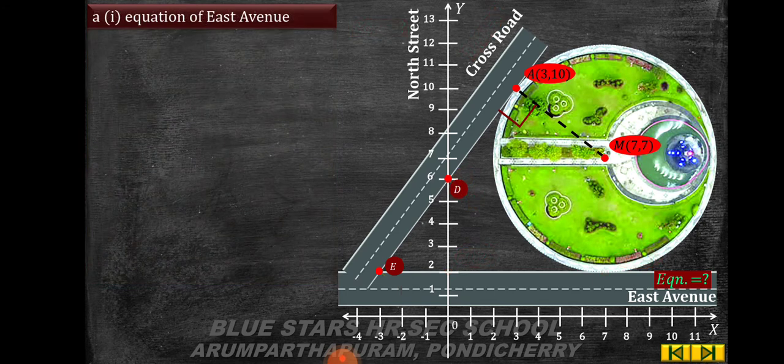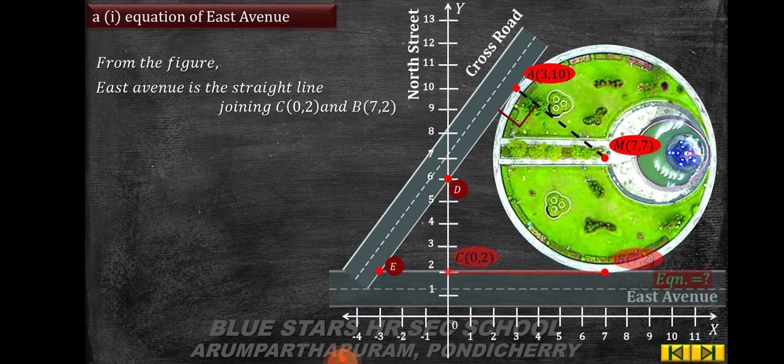First one is the equation of East Avenue. The C point is (0, 2) and the B point is (7, 2). So from the figure, East Avenue is the straight line joining the 2 points C of (0, 2) and B of (7, 2).